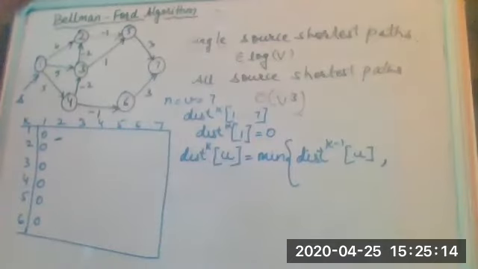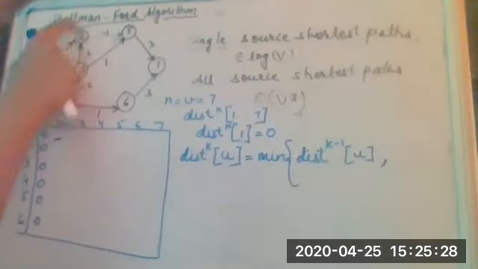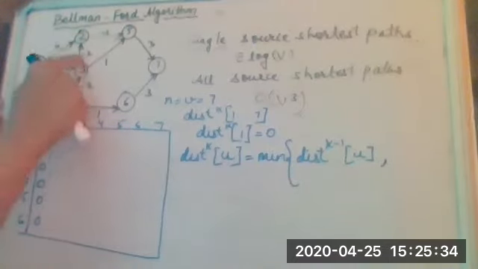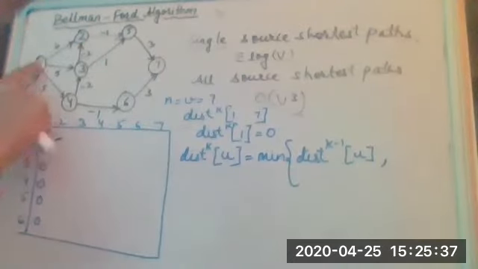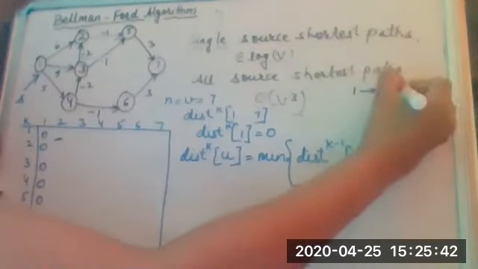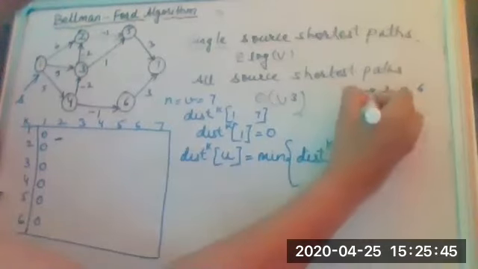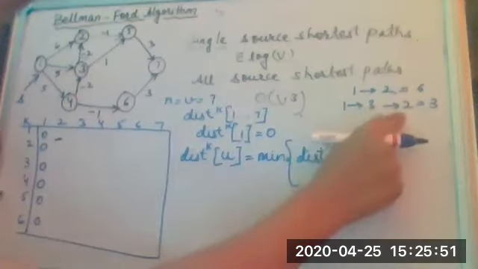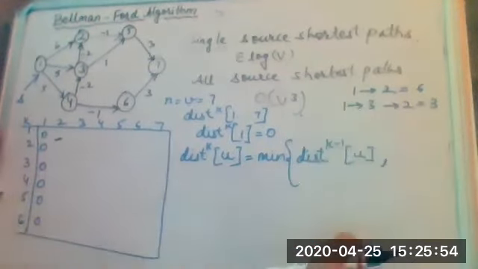Now what will the distance be if I'm considering one more vertex? Let's say we are talking about vertex 2, and I've already included 1, 3, 2. The direct distance from 1 to 2 is equal to 6. 1 to 3 to 2 is 3, because 1 to 3 is 5 and 3 to 2 is minus 2. So 5 minus 2 is 3.